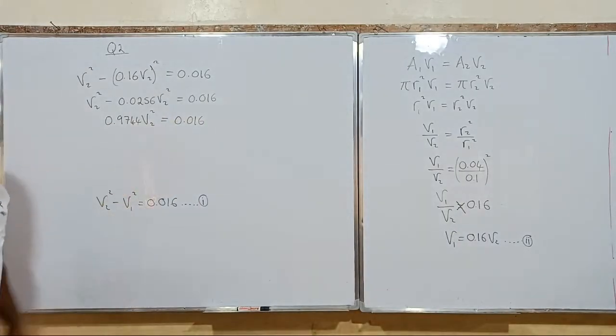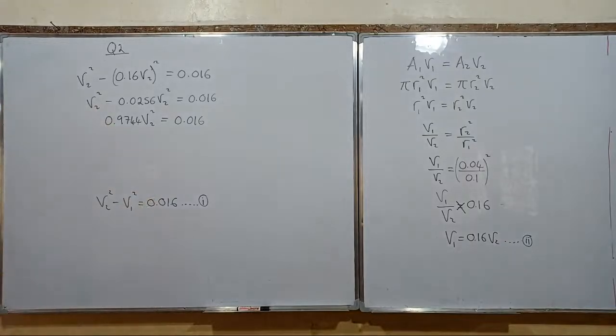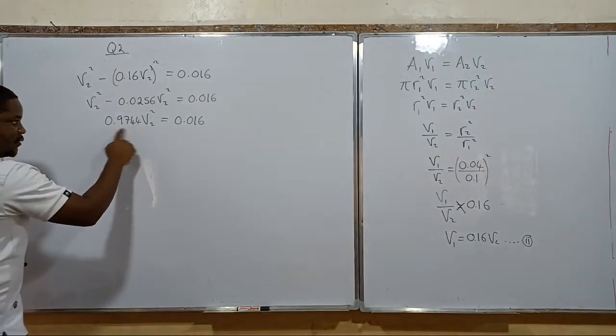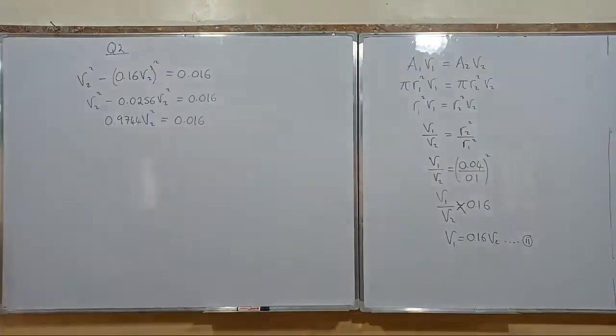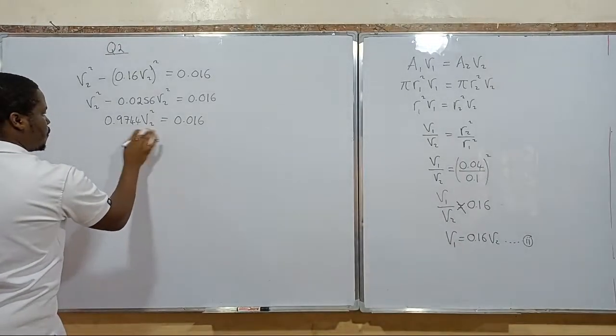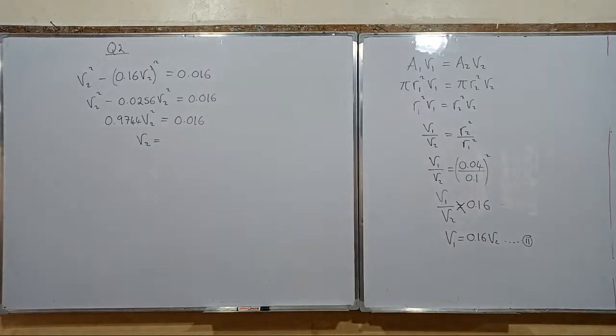So divide both sides, then square root to get rid of the square, then you have the velocity. Divide both sides, then you square root, so to find the value of V2. And that's our answer.